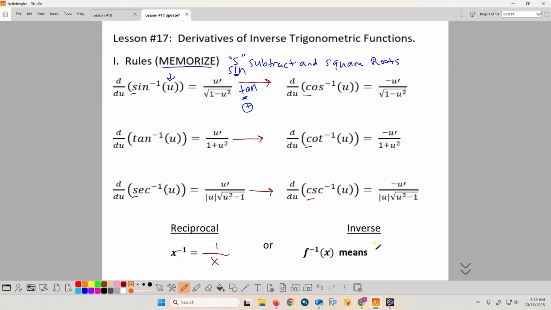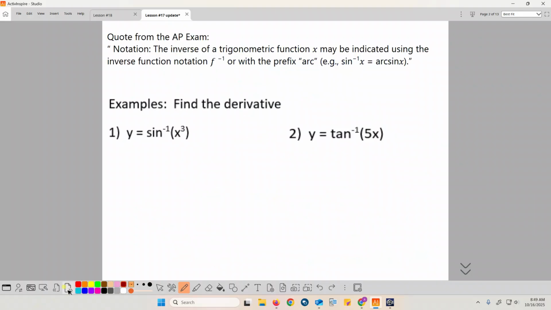This just means the inverse of the f function. So very different notations there, and we have to be careful with that. All right, let's do some examples so that you can see how the inverse trig derivatives work.